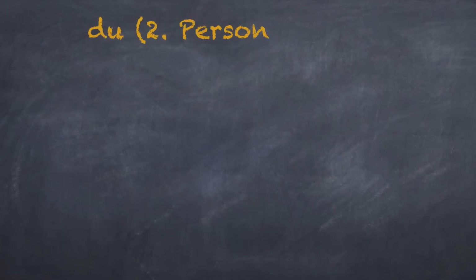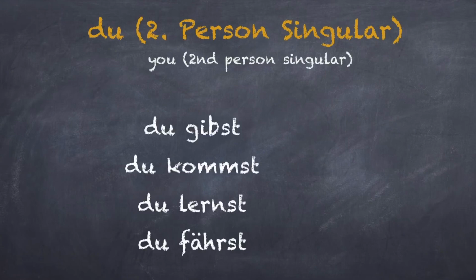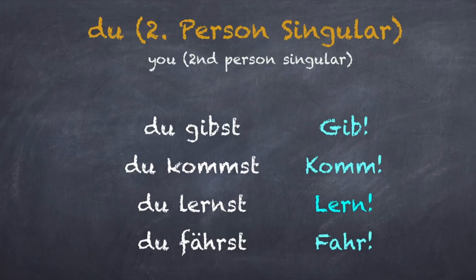We'll be taking 4 examples with 4 different verbs. These 4 verbs are conjugated with du. Du gibst, du kommst, du lernst, and du fährst. The imperative form for these verbs are gib, komm, lern, fahr.